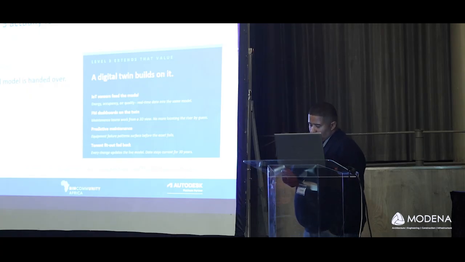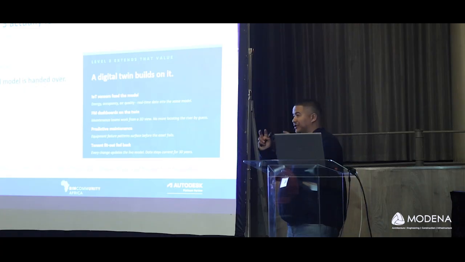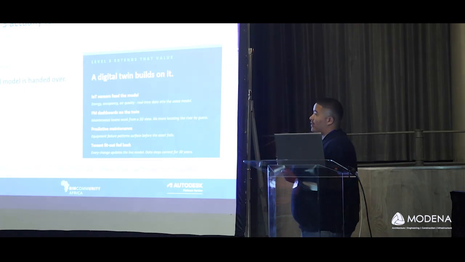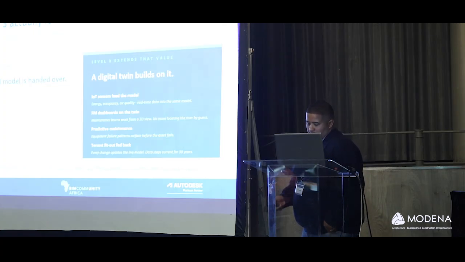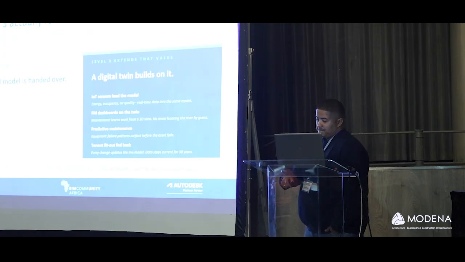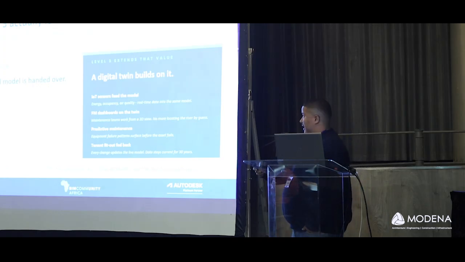With that, you have what I call digital birth certificates for each element of the building. On the left you see what we achieved with Sandgate at level 2, which built the foundation to level 3.